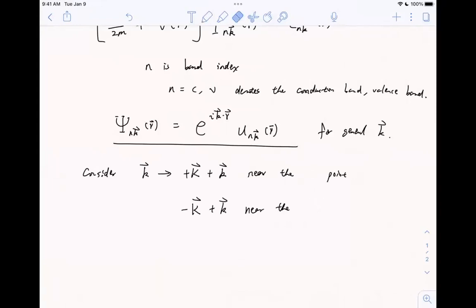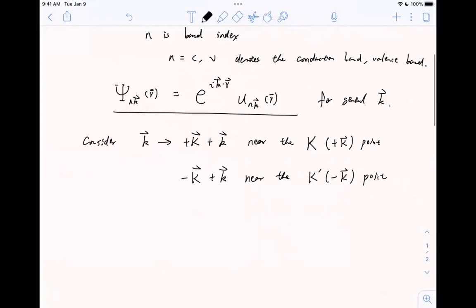People just usually use a big K points. So you can write it in this way. You use plus K vector, minus K vector. Either way is okay.